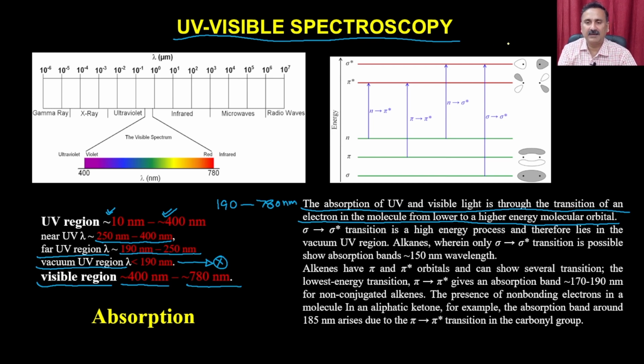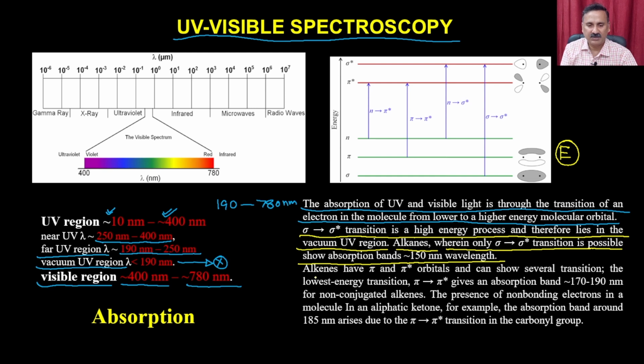So when you are exciting a group present inside the enzyme, the electrons of this particular functional group go from the lower energy state to the higher energy state. The sigma to sigma star transition is a very high energy process and therefore lies in the vacuum UV range; in alkanes only the sigma to sigma star transition is possible, showing an absorption band around 150 nanometer.